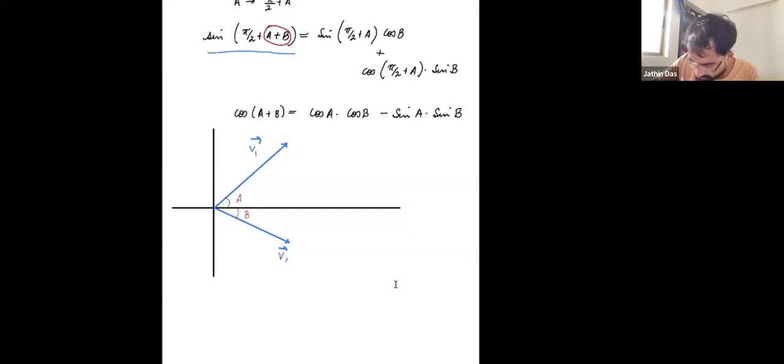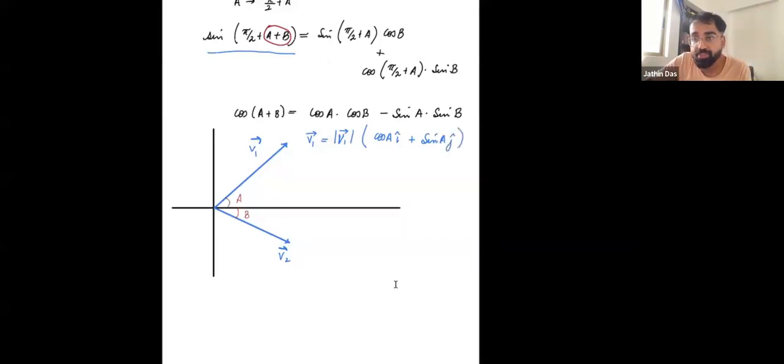V1, V2. Now, V1, just tell me if you know this, okay? Because this is physics, and you will have vectors in 12th also. So magnitude into, when you resolve it, one comes cos A, here sin A. So it will be cos A i cap plus sin A j cap.